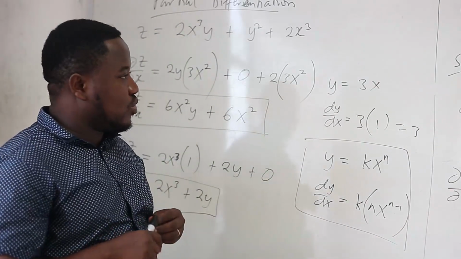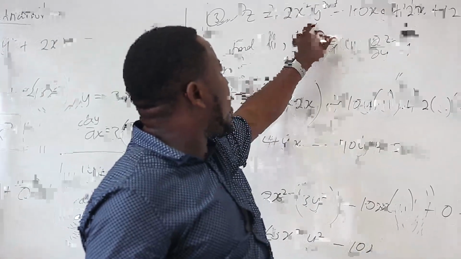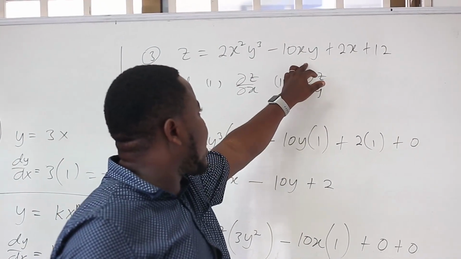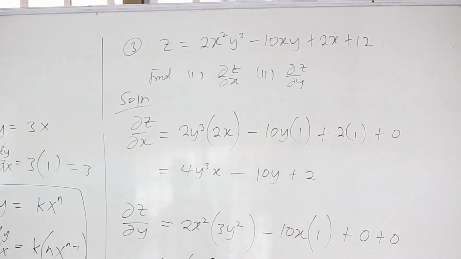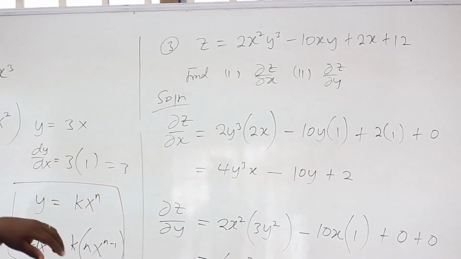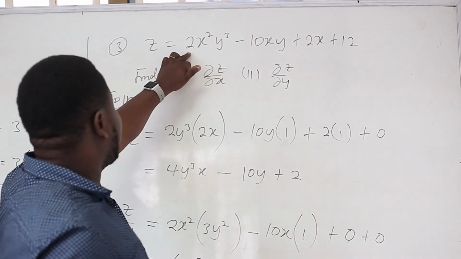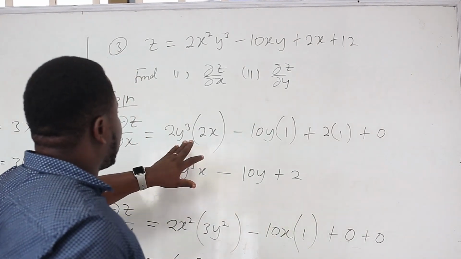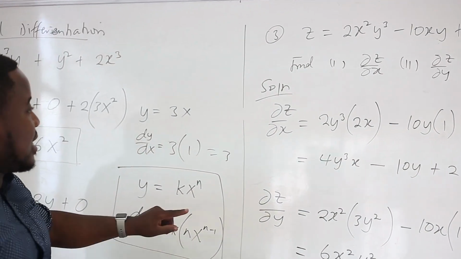Okay. So if you have z is equal to 2x squared y cubed minus 10xy plus 2x plus 12. If you want to find dz dx, we are differentiating with respect to x, so y is constant. So it means that this 2 is a constant, is a number. y cubed is also a constant, so we bring them out, like the way we brought k out, right?